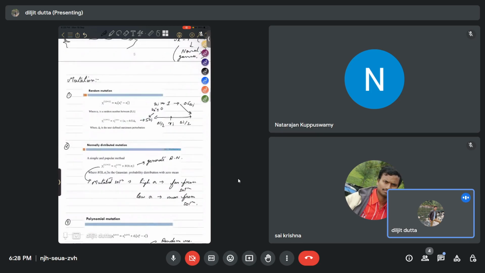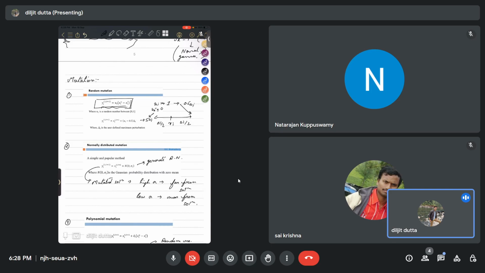Then you will see some methods for mutation. In mutation, what we do is change the bit, right? A new bit is defined as yi is equal to ui into xu minus xl.